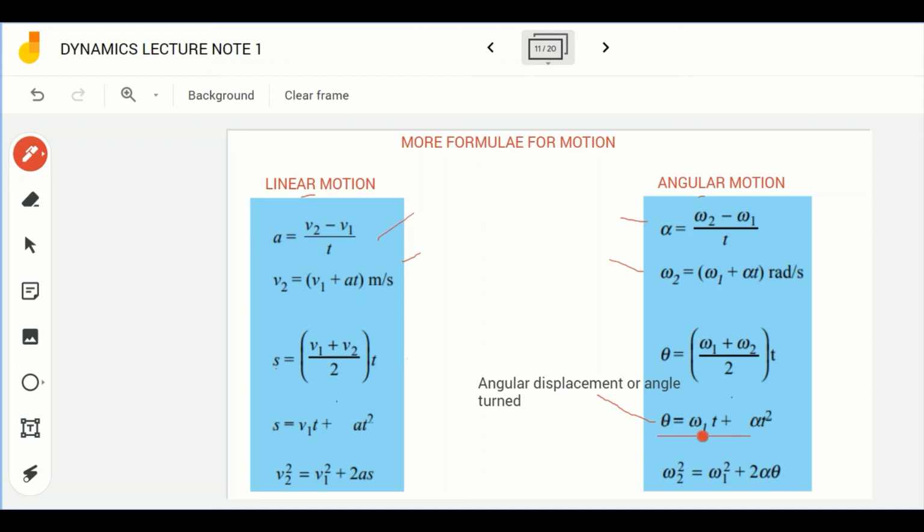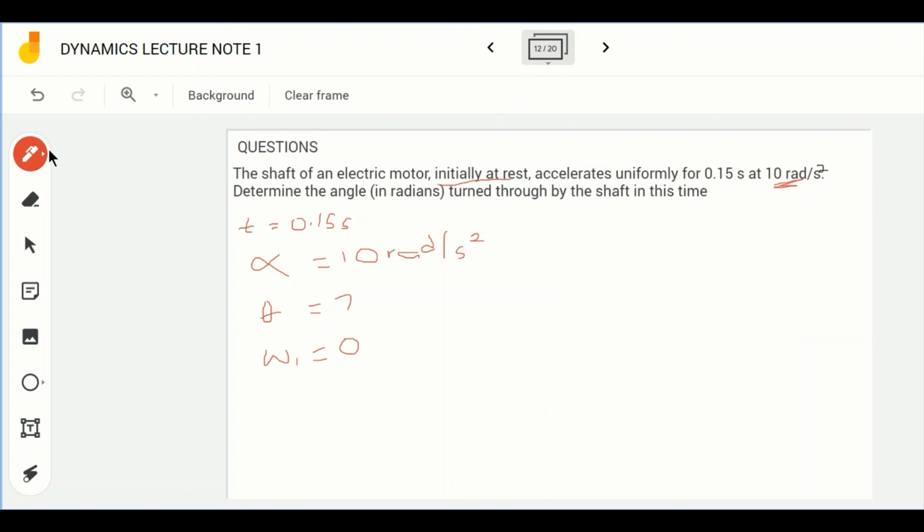So I can say theta is equal to omega 1 times t plus one half angular acceleration times t squared. So I plug in the values. Remember, my omega 1 is 0, so it's 0 times t.